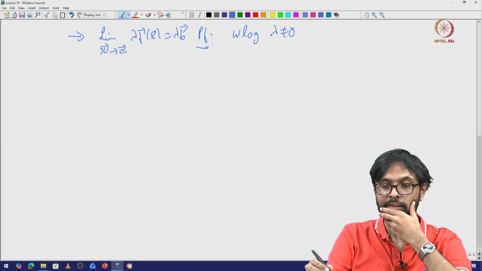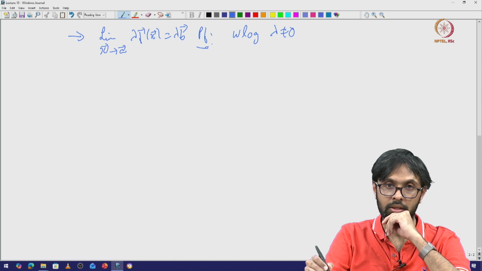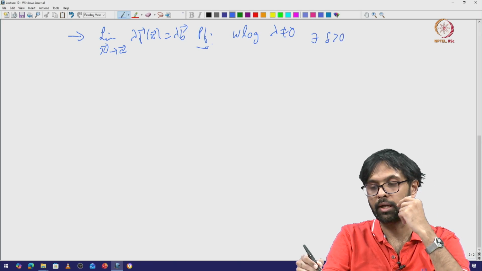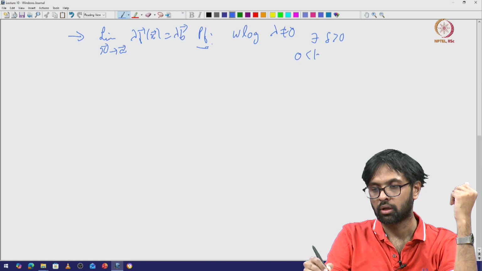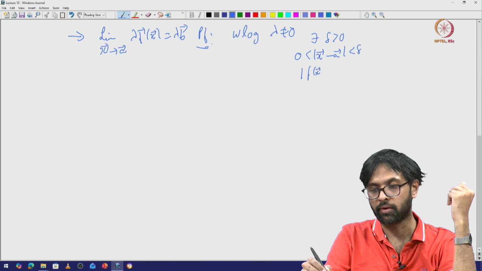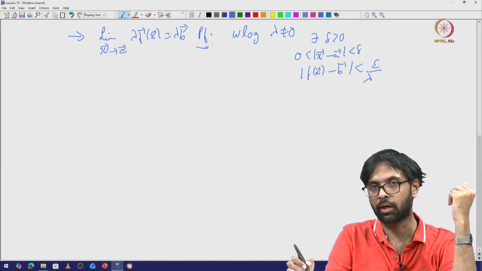Yeah. Right. So if lambda is not 0, then surely there exists a delta almost by definition, so that when x is delta close to a, f of x is very close to b. How close do we want it to be? Less than epsilon divided by lambda.